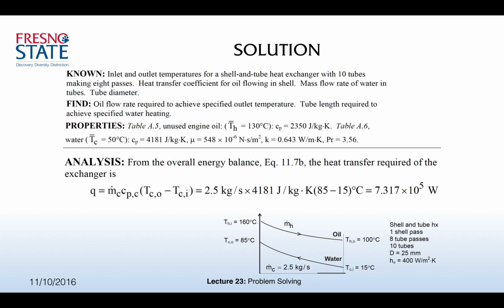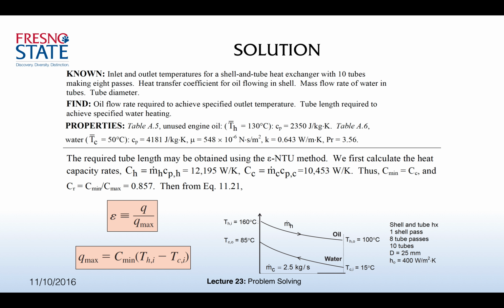Actually, this is the amount of heat the water gains because it's being heated up. And therefore, that is also the amount of heat the oil loses. So I would use that to find my m dot h.